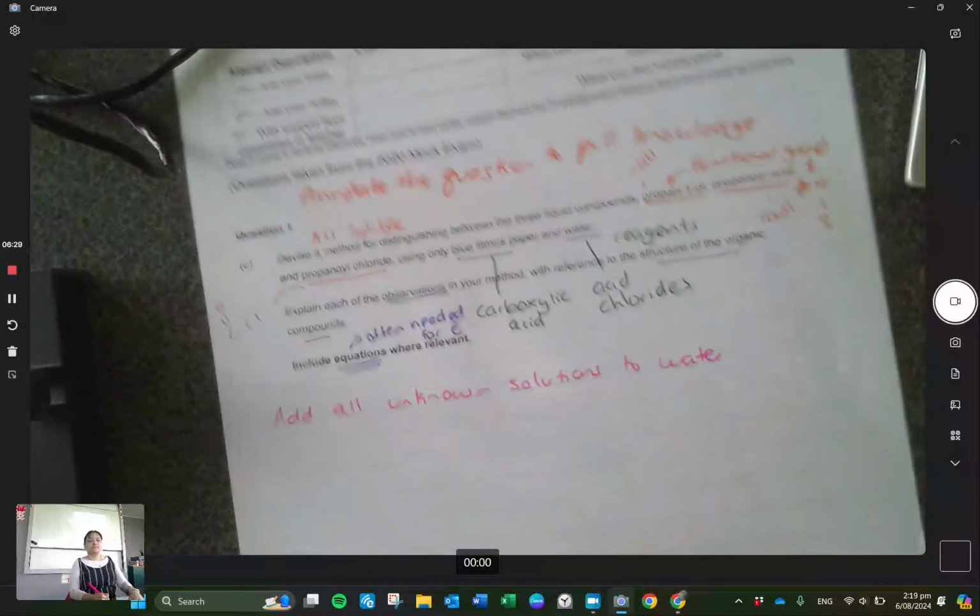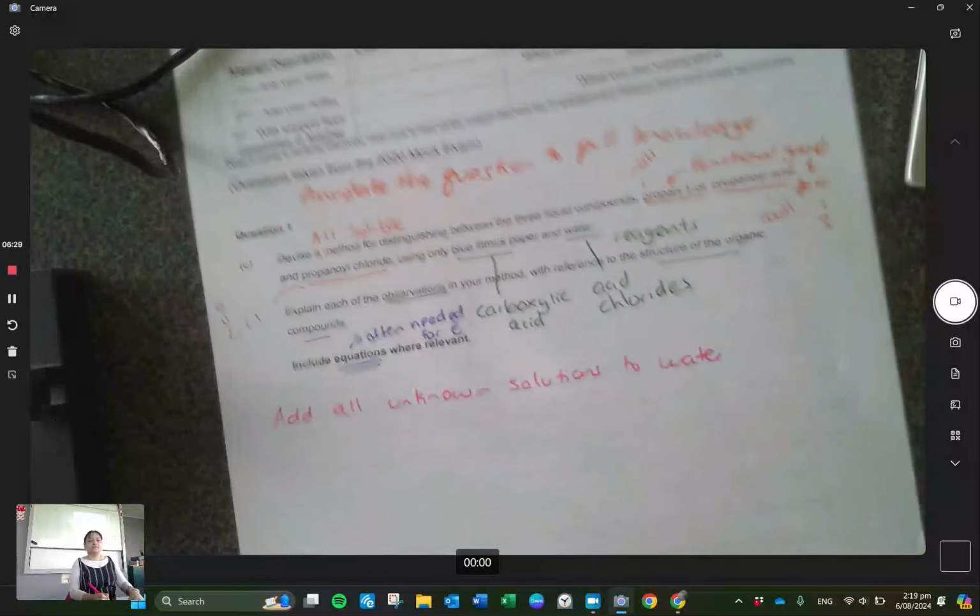The only one that will be distinguishable is that we're going to have two that are going to be soluble, and one will react violently, so it had fumes and things like that.